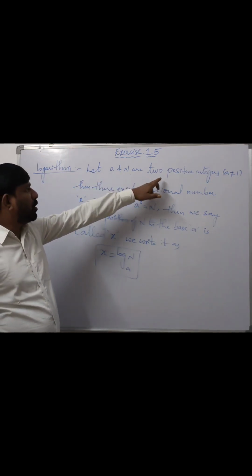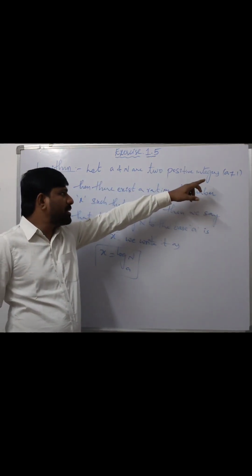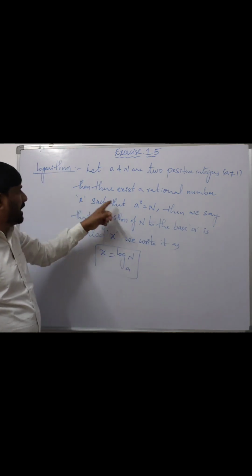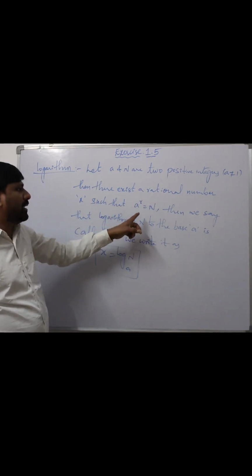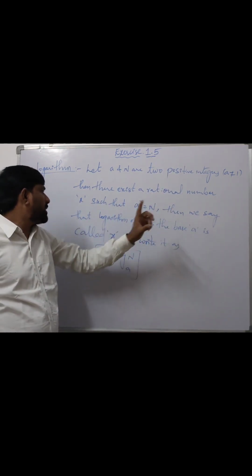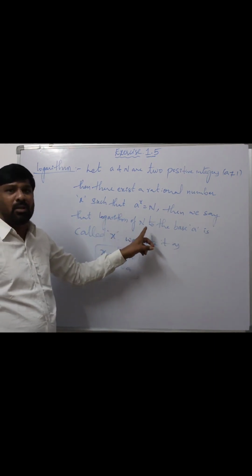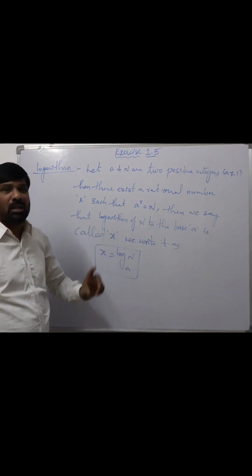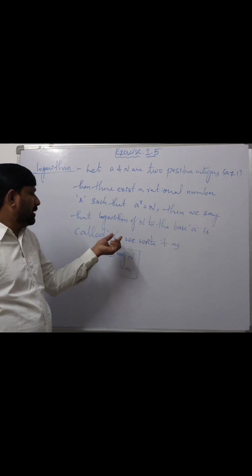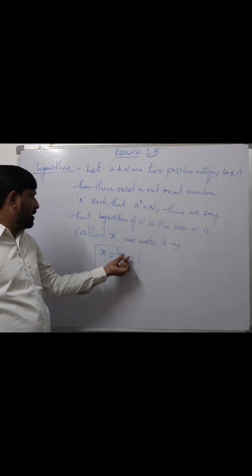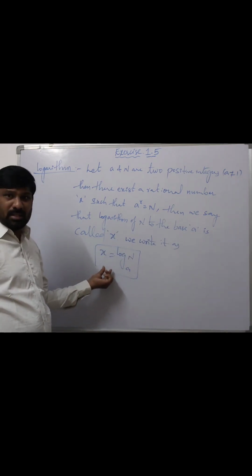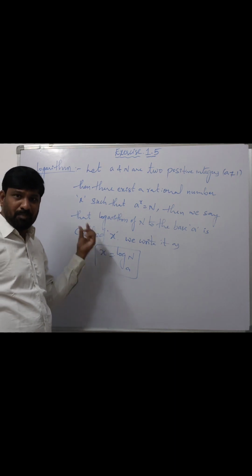Let a and n be two positive integers, a is not equal to 1. Then there exists a rational number x such that a power x is equal to n. Then we say that the logarithm of n to the base a is called x, and symbolically we write it as logarithm of n to the base a is equal to x.